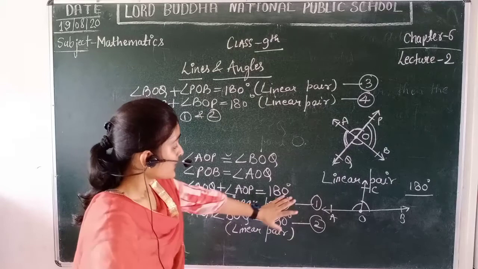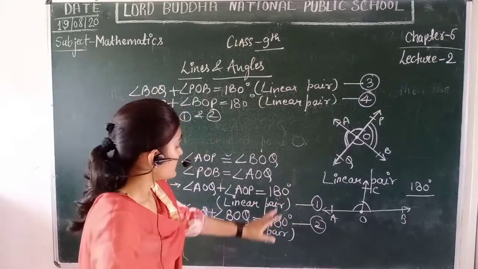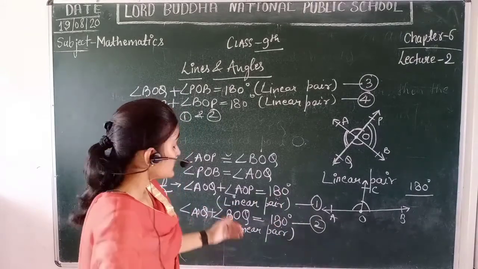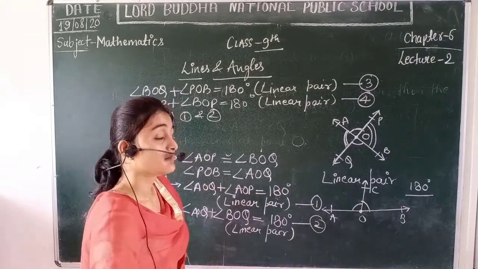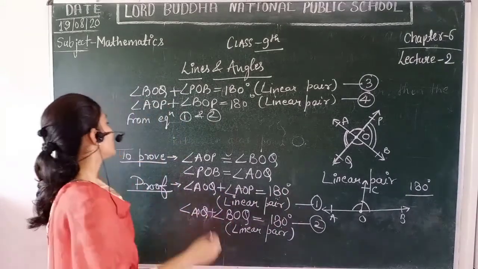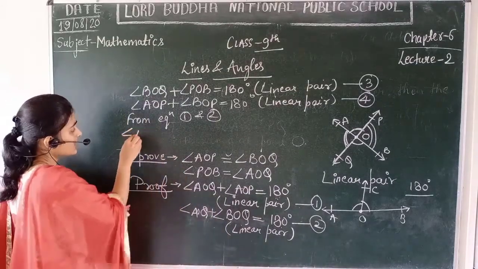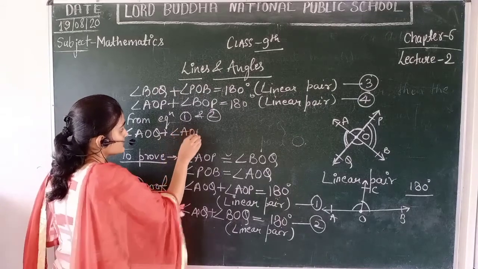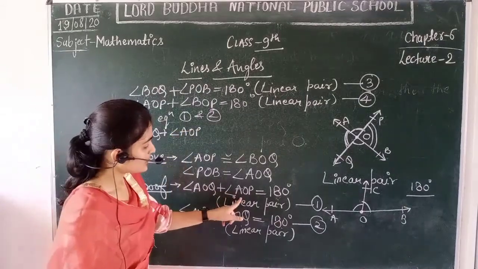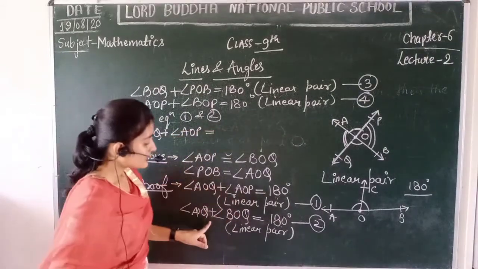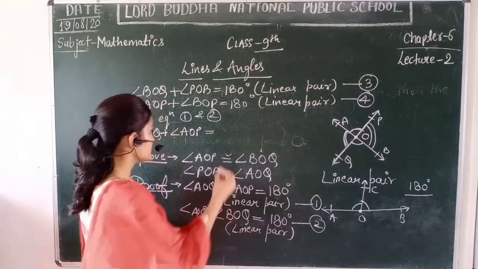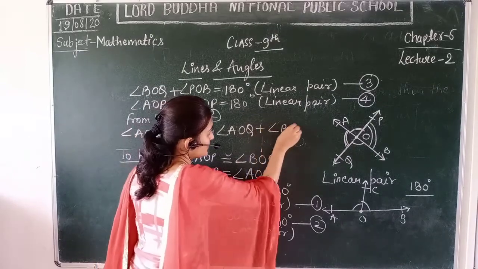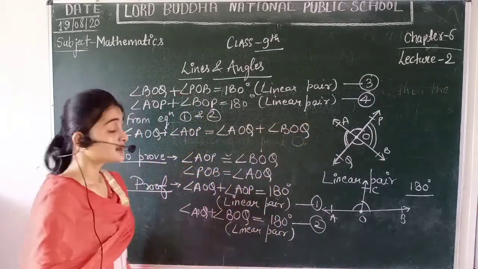That means the right hand side of both equations is 180 degrees and they are equal, so the left hand side of the equations will also be equal. So you can write that angle AOQ plus angle AOP, the left hand side of equation 1, will be equal to the left hand side of equation 2, which is angle AOQ plus angle BOQ. Right?